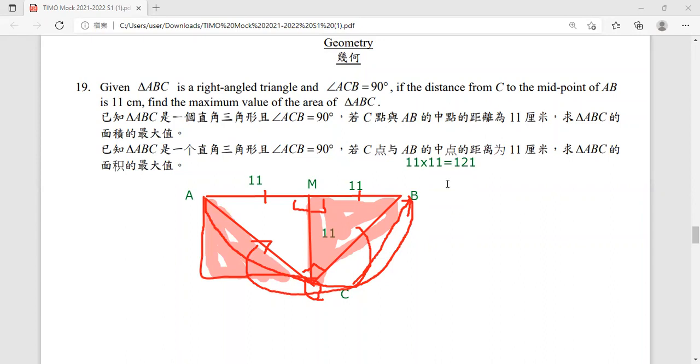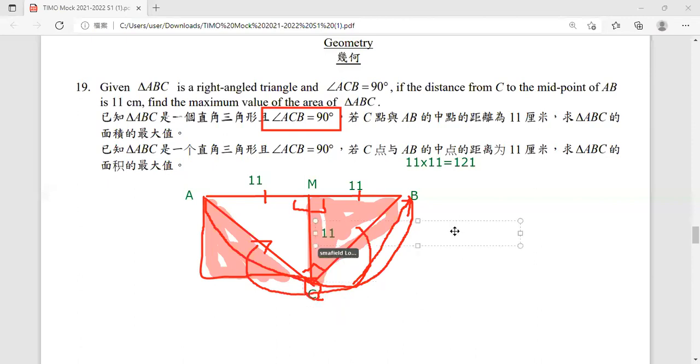Now, I explain again. Now, maximum. Actually, because now the angle ABC is fixed at 90 degrees, C can be moved. I assume I can move the C here.